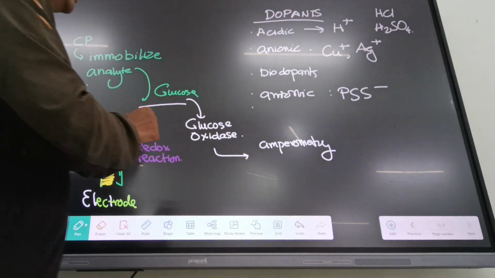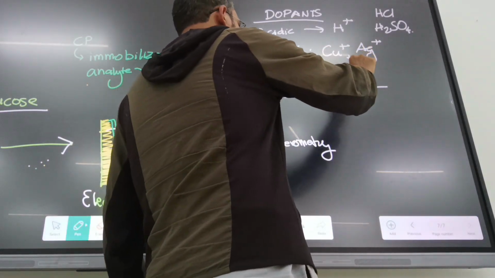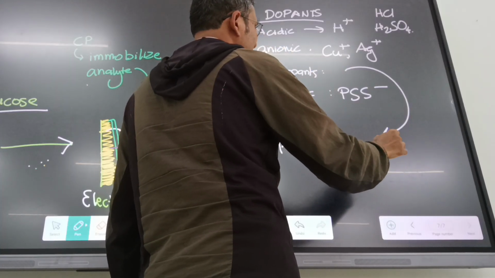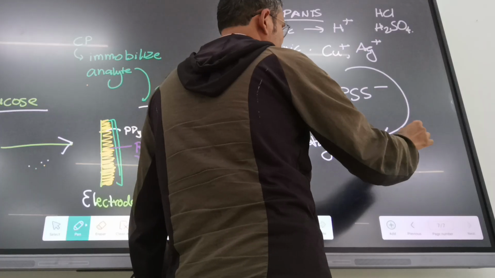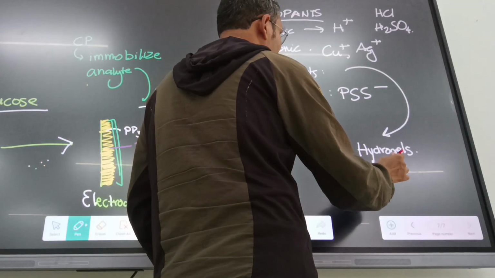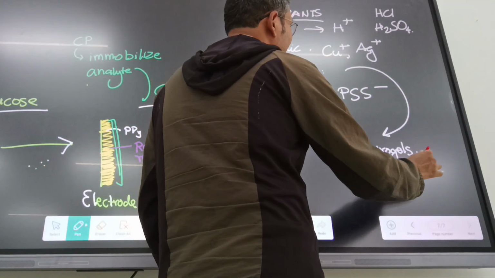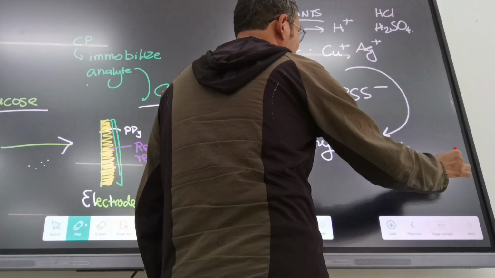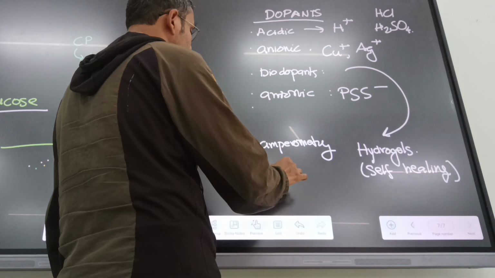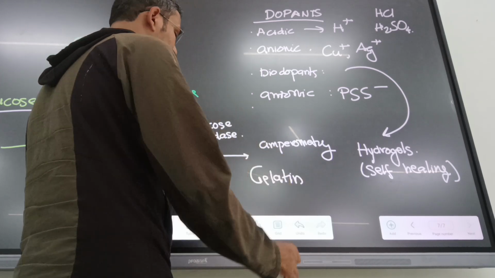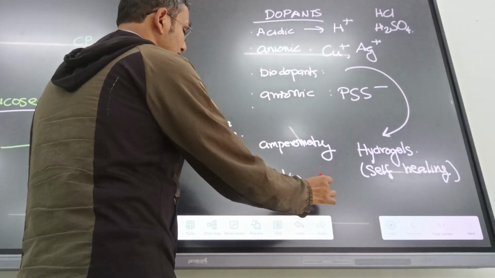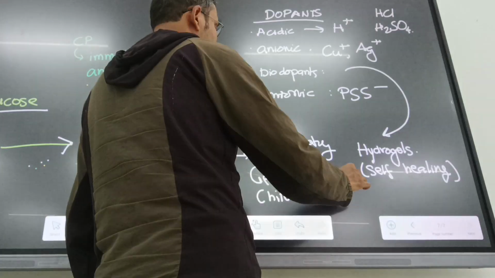Then there are biodopants. These are basically hydrogels, mainly used for self-healing. This is called gelatin. Some biocompounds are mainly used for antibacterial activities.